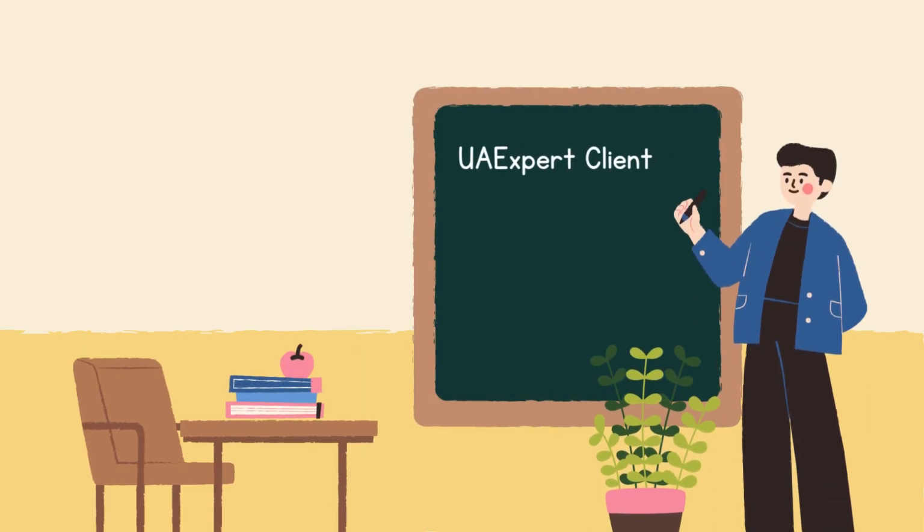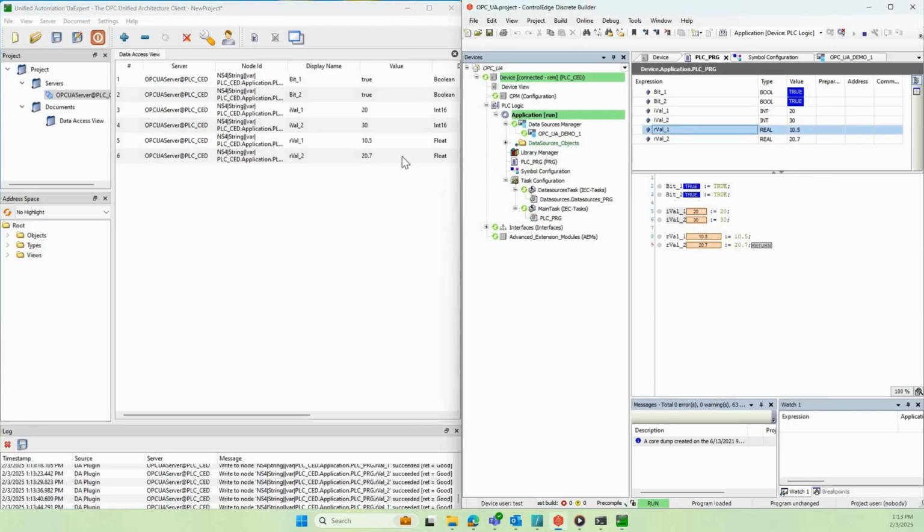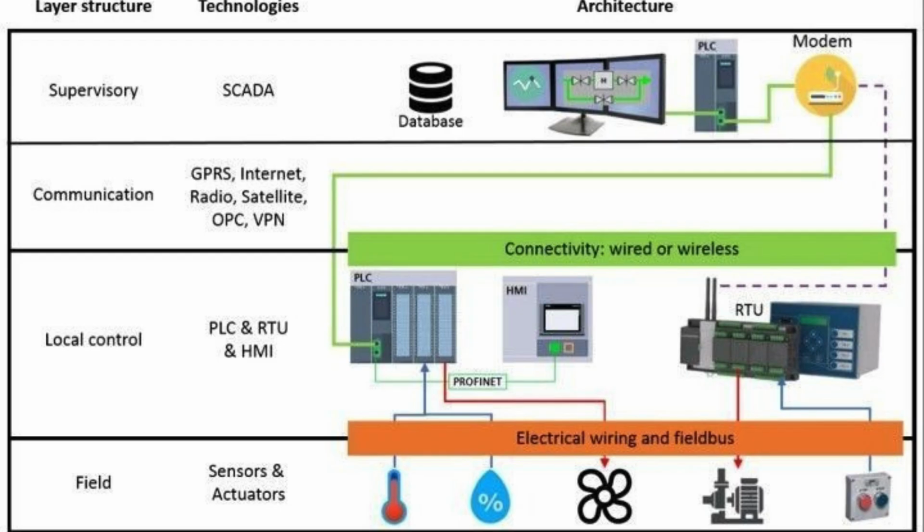First off, let's talk about UAExpert Client. UAExpert is a specialized OPC UA client developed by Unified Automation. It's designed for testing and troubleshooting OPC UA servers, monitoring real-time data from industrial devices, and communicating with PLCs, SCADA, and other automation systems.